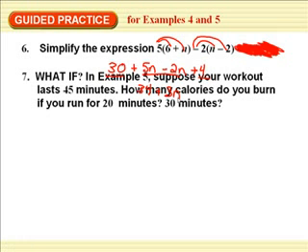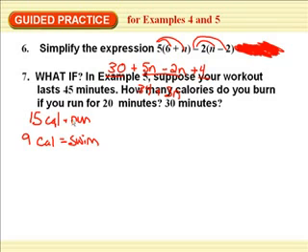In example 5, what if your workout lasts 45 minutes? How many calories do you burn if you run for 20 minutes? Okay, I'm going to have 15 for running and 9 for, trying to remember what they were, calories for swimming. So if it's 45 minutes and I run 20, I swim for 25.